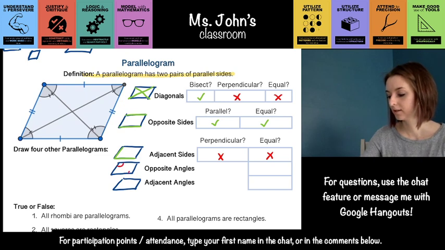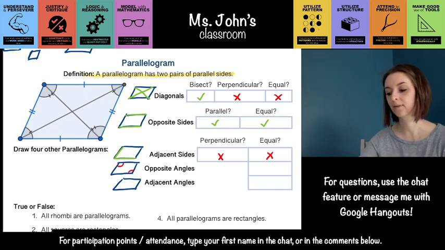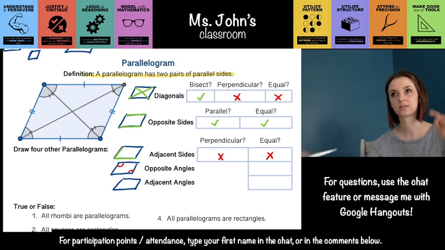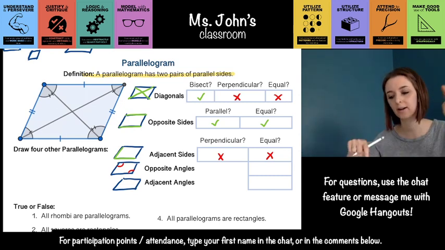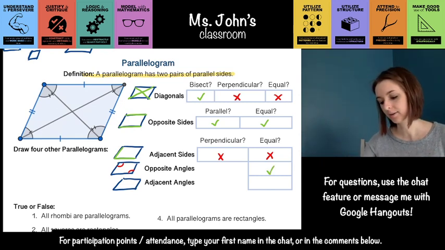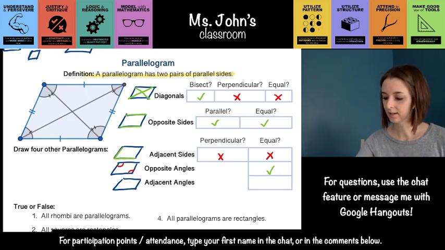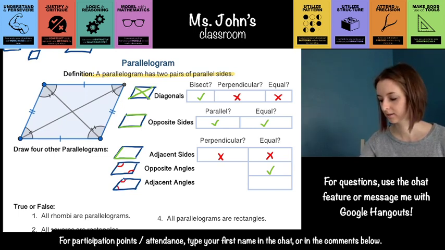Opposite angles. In a parallelogram, opposite angles, so the ones that are across from each other, any pair of them, are always equal. But adjacent angles, the ones that are next to one another, they're not equal.